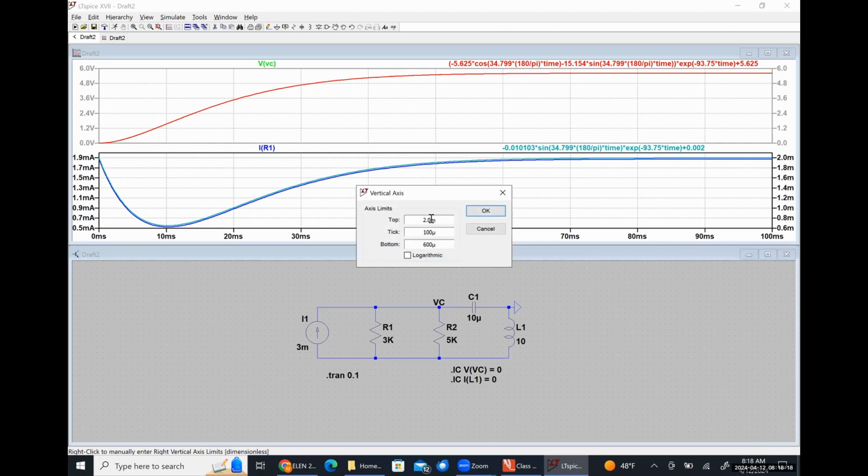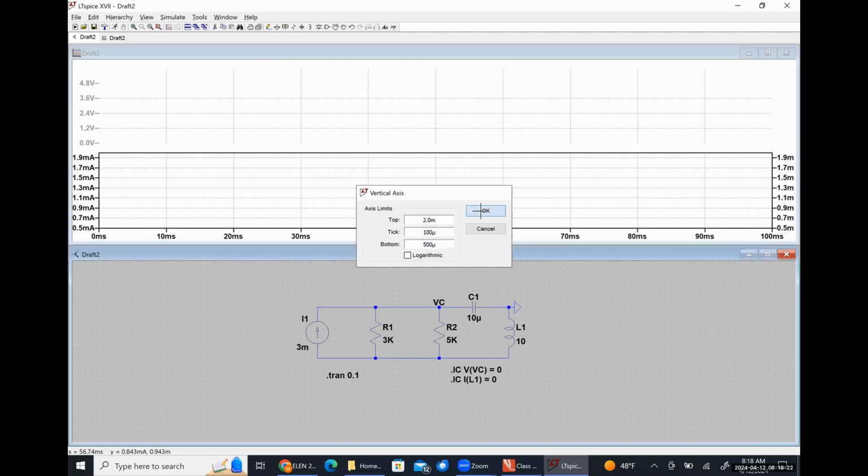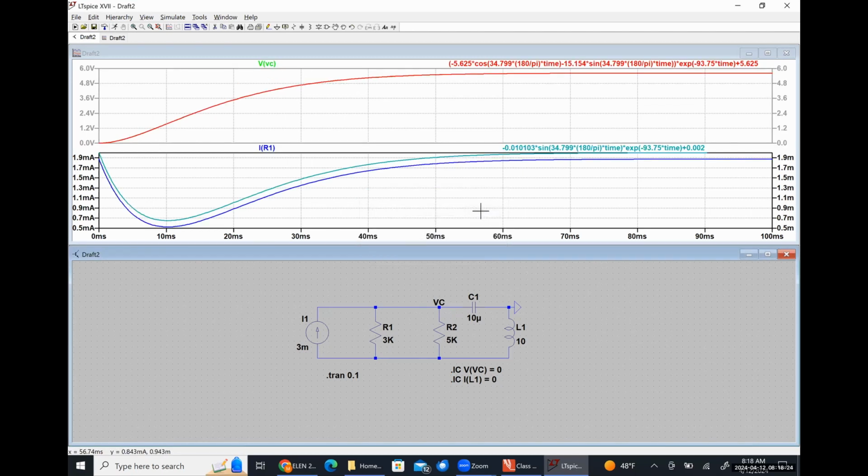Make the top 2 and the bottom half. And it's still off by some small amount. 10.103.